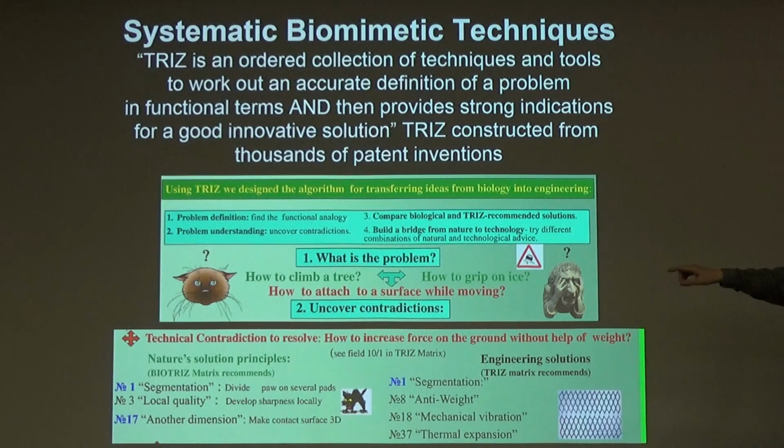We can use segmentation in our design. So in the case of, for example, the cat, it's very good at climbing a tree. It has a paw with several pads, so that's segmentation. Local quality, and then adding another dimension, so adding more dimensions to the paw, so the design of the paw in 3D.